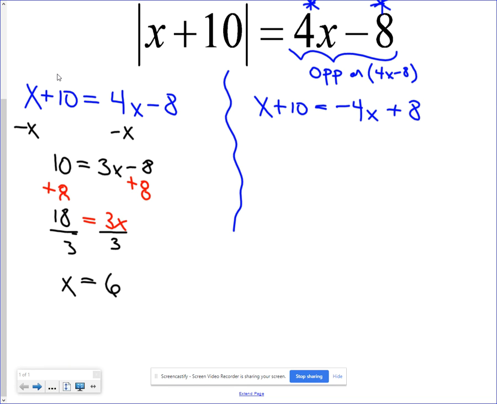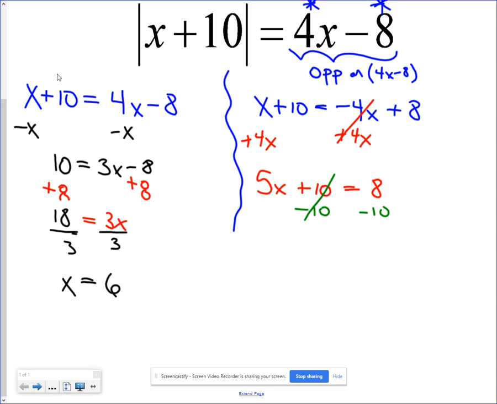Now let's solve the other equation. In this one, we can add 4x to both sides. So we get 5x plus 10 is equal to 8. Then we can subtract 10.